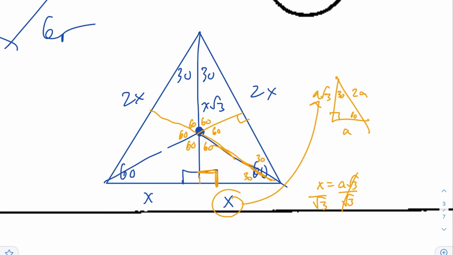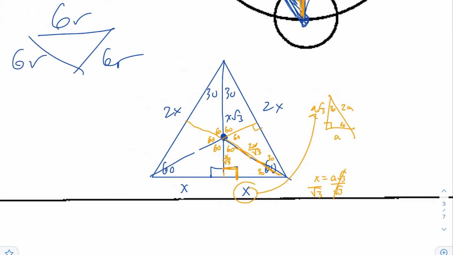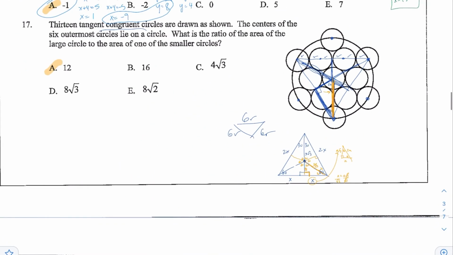So a would be x over root 3. And then the hypotenuse would be 2x over root 3. So that's going to be the radius of the big circle. Will be 2x over root 3.